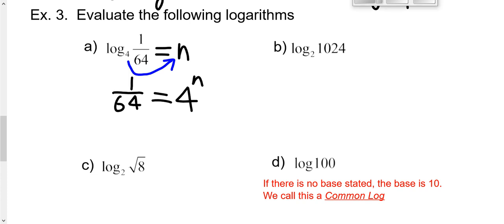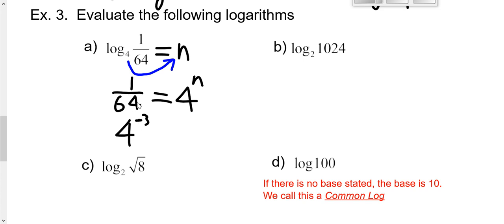Then how do we solve this? We turn them into the same base, like what you guys learned near the end of the exponential function stuff. So 1 over 64, you can write that as 4 raised to the power of -3. You can plug this into your calculator to confirm that it's the same as 1 over 64.